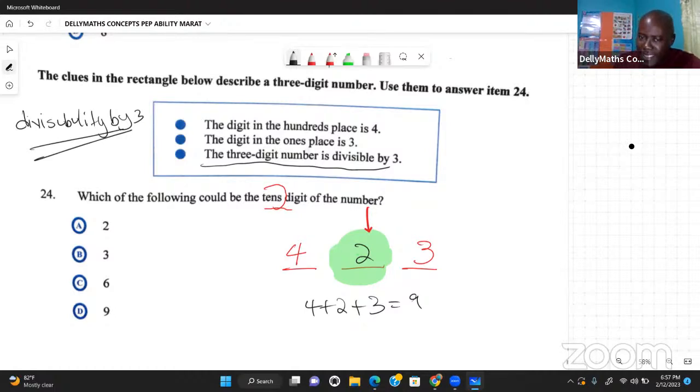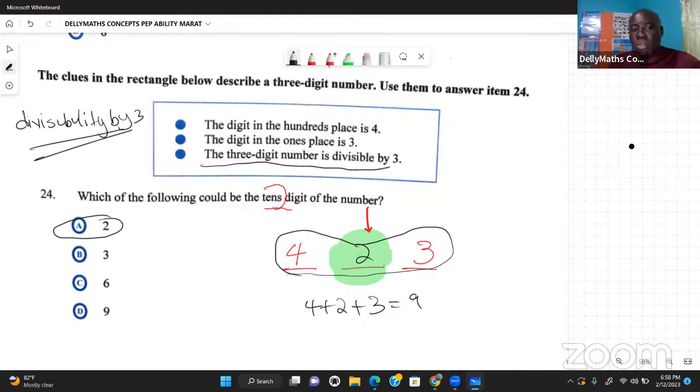If you say yes, that means 2 is the right number that needs to go here so that it could work. The answer is A, right? And if you try other numbers, you'll see that they would not be divisible by 3. So the divisibility rule says if you add up the digits in the number, the sum must be divisible by 3 for it to be something that 3 can go into.